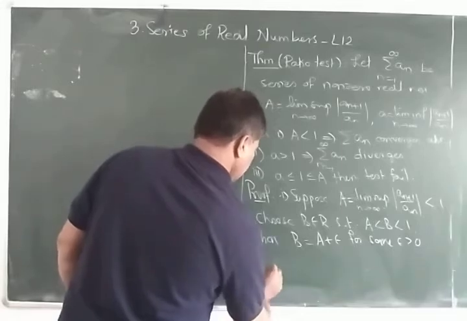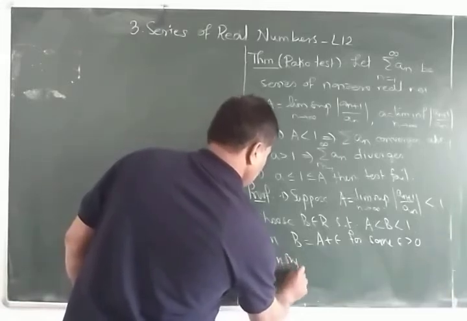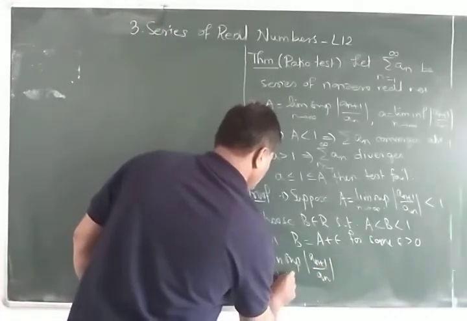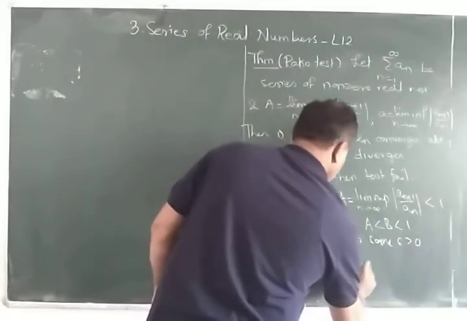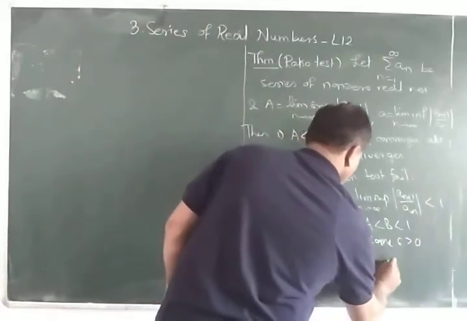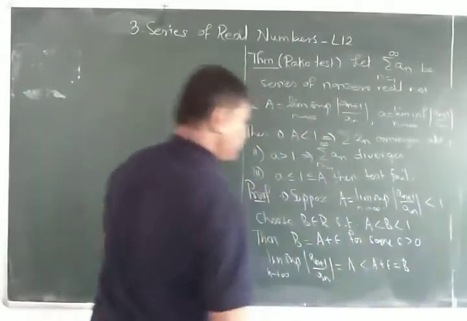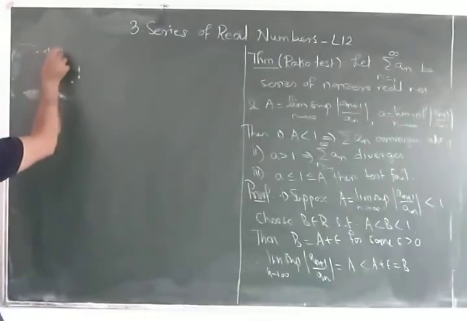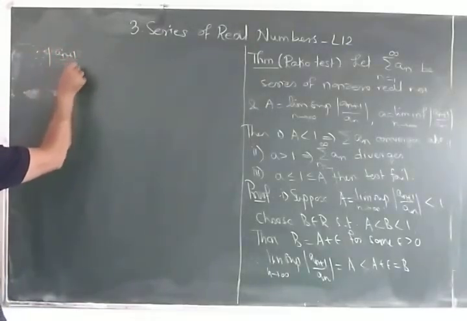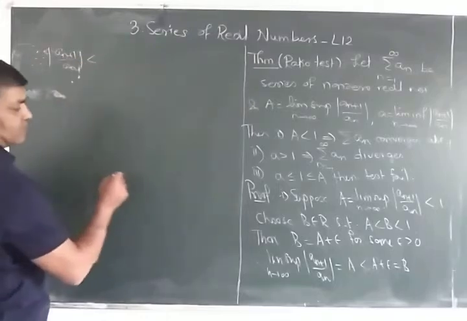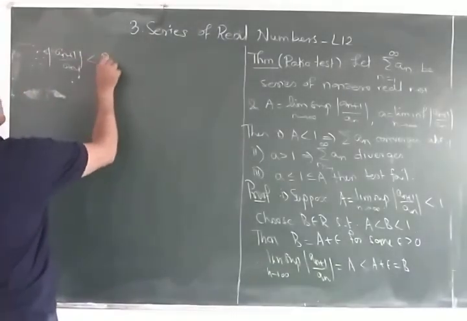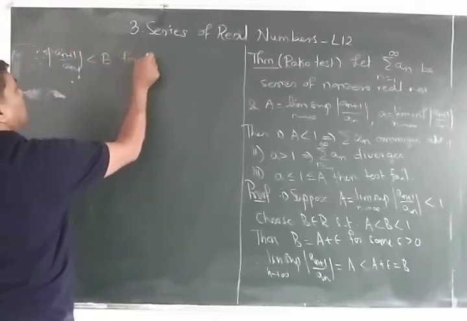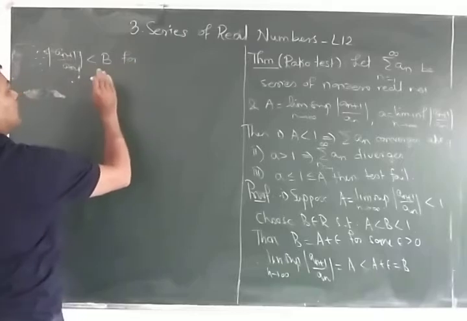Now since lim sup of mod of a_(n+1) upon a_n as n tends to infinity is equal to A, which is less than A plus epsilon equal to B, therefore mod of a_(n+1) upon a_n is less than B except for finitely many terms.